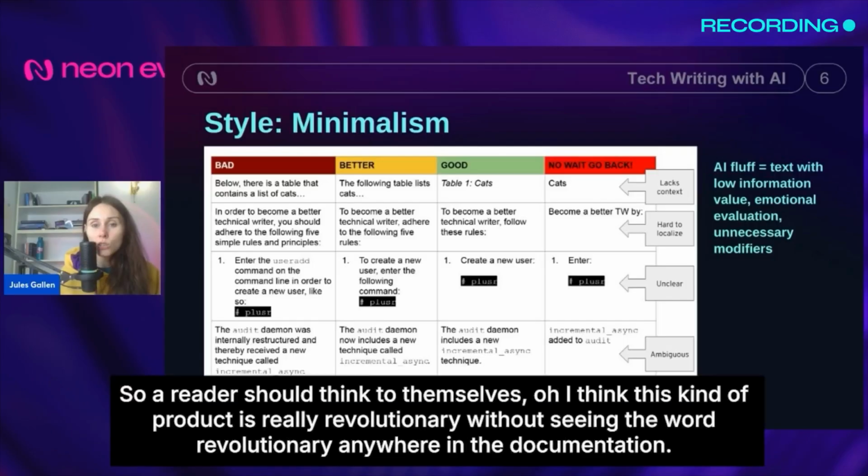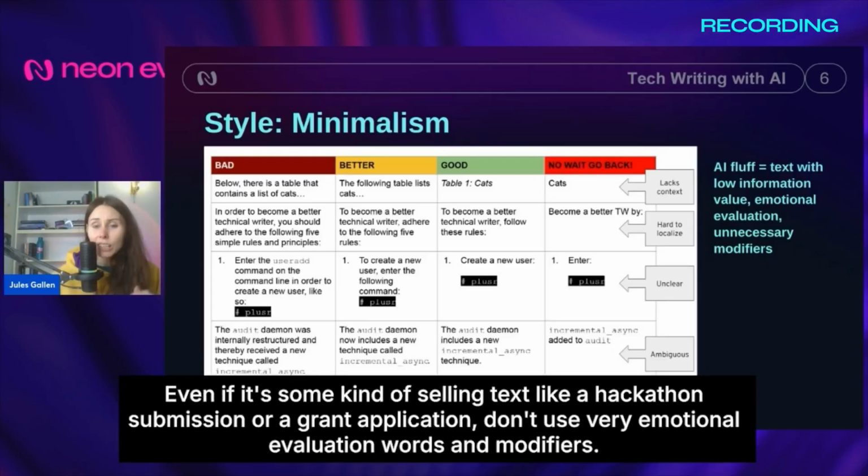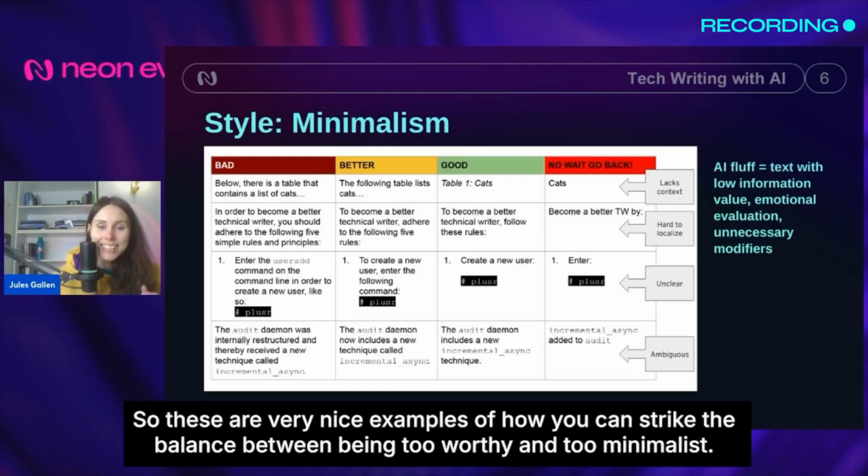So a reader should think to themselves, oh, I think this kind of product is really revolutionary, without seeing the word revolutionary anywhere in the documentation. Even if it's some kind of selling text like a hackathon submission or a grant application, don't use very emotional evaluation words and modifiers.